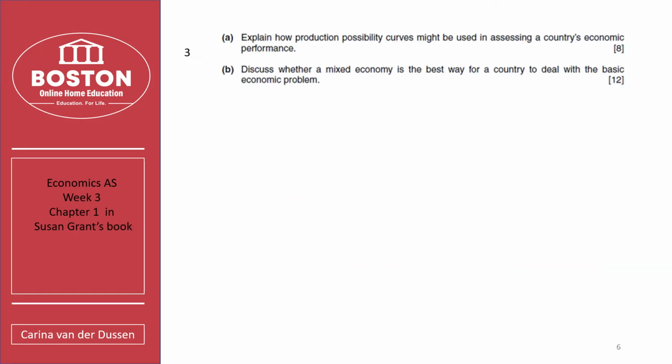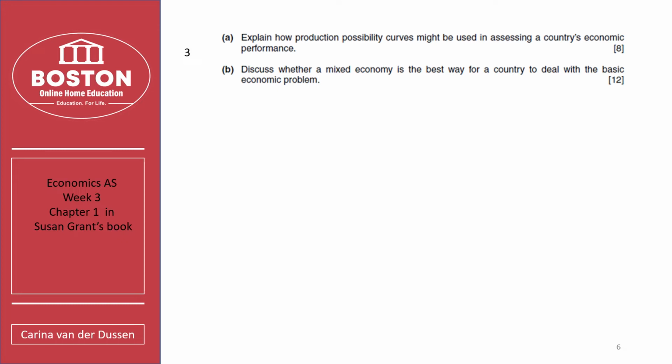Right, now look at the question. This question asks, explain how production possibility curves might be used in assessing a country's economic performance. Right, so you know now that we are using the simple example, so you could use any example. You could start with your own example and say, let's produce fish and potatoes or whatever.